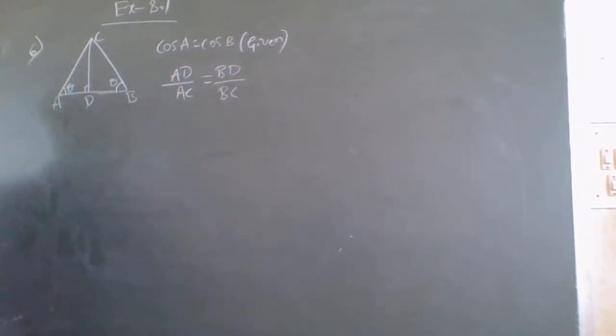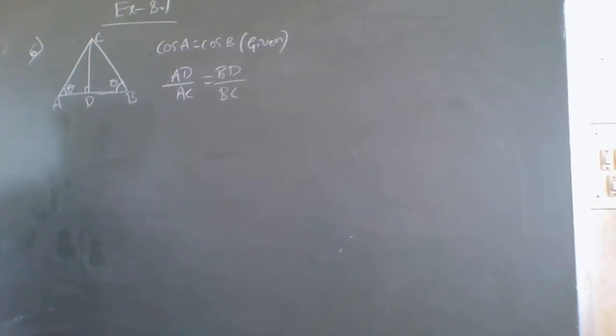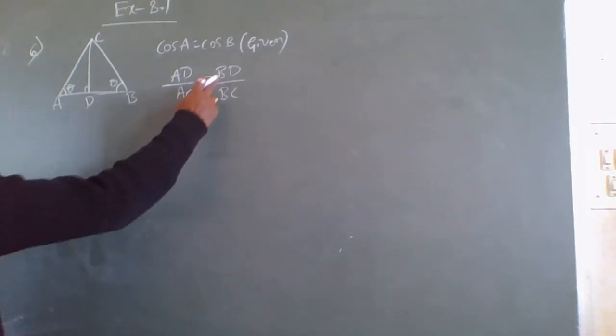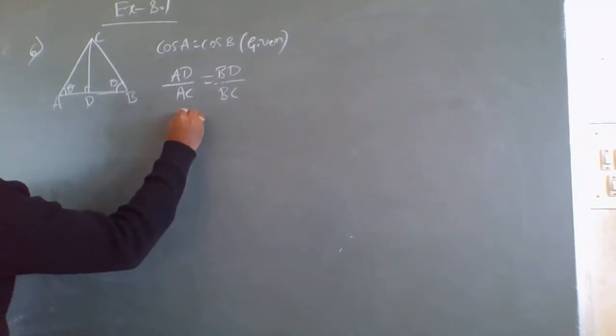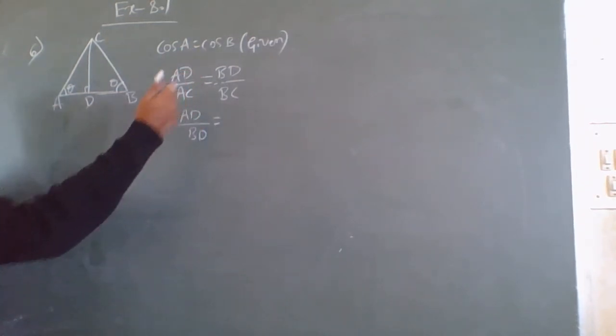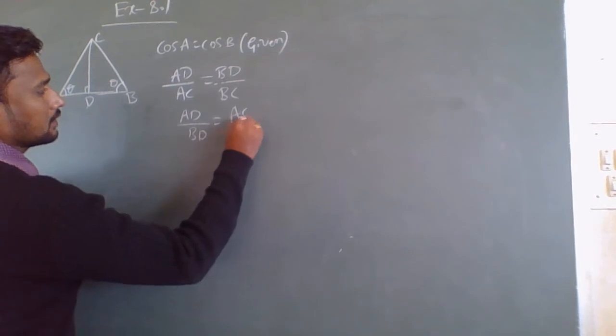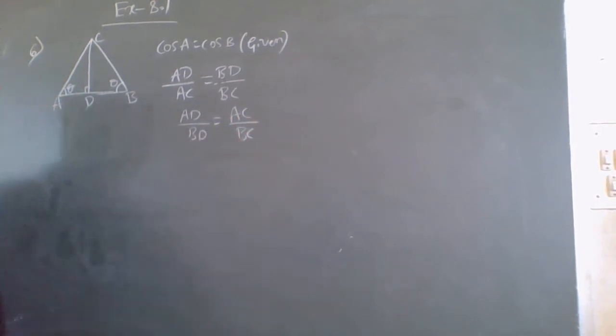So here AD by AC equals BD by BC, because they have given that cos A equals cos B. Now I will take this BD to the left hand side, so it becomes denominator, AD by BD, and I will take this AC to the right hand side, so it becomes numerator, AC by BC.